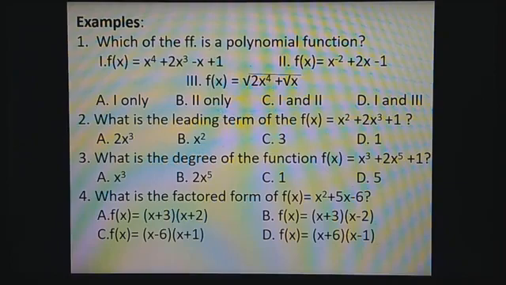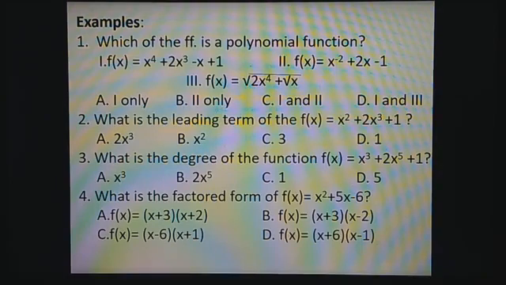Yung namang sa 3, meron tayong radical symbol, the square root symbol, which means that if we are using a radical symbol, it indicates that there is an exponent which is 1/2. So, ibig sabihin ngayon, si number 2 may negative exponent, si number 3 may radical symbol, meaning exponent is 1/2.